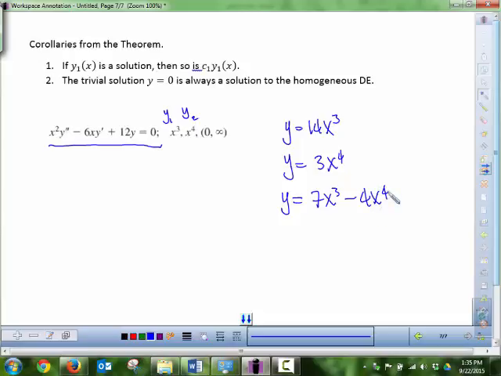So any linear combination, including when one of the C1s or C2s is equal to 0, or both are equal to 0, those are all solutions. So the idea is that if I take any of these and put it back into this differential equation, I should get a true statement, right?